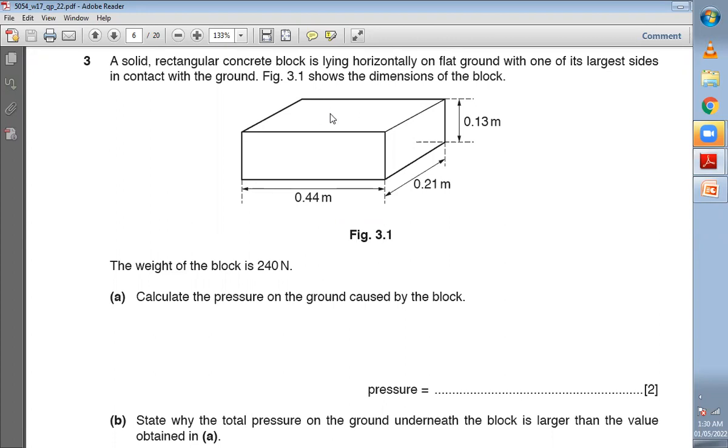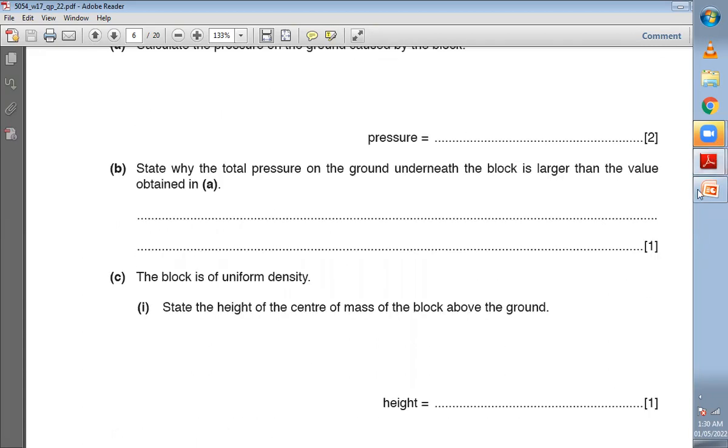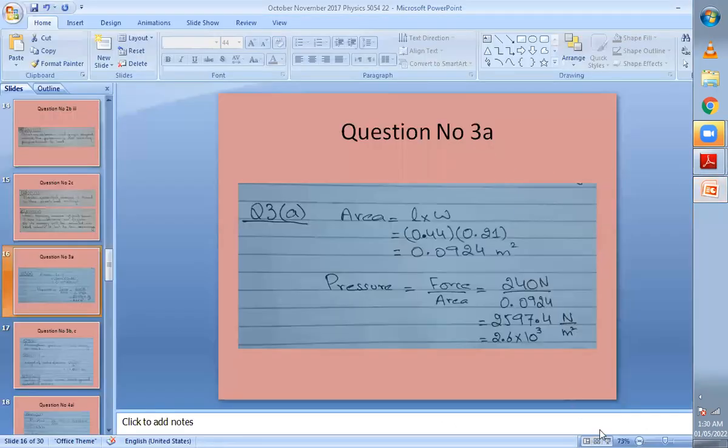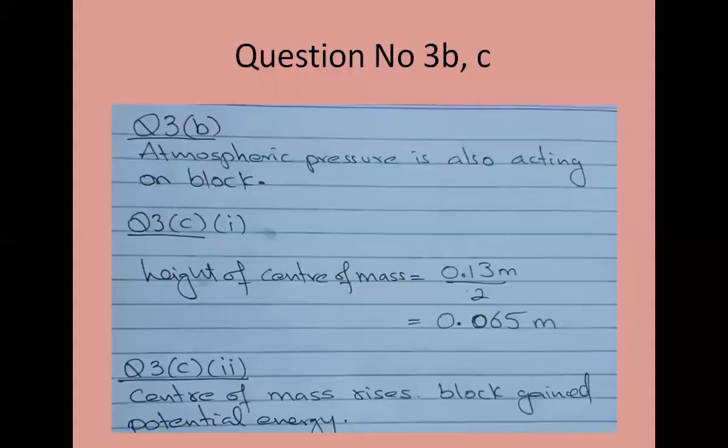So we have ignored that force. In reality, the actual pressure acting on the ground due to this block will be more than what we calculated in the A part, because atmospheric pressure is also causing a downward force on the concrete block. This is a 1-mark question. Let me show you my answer. Atmospheric pressure is also acting on the block.